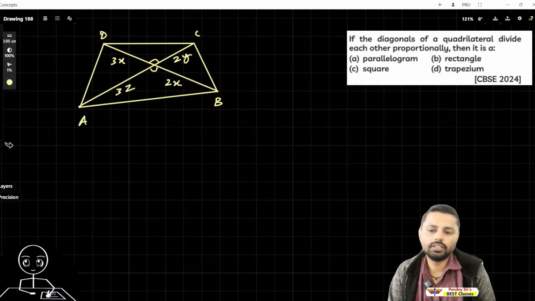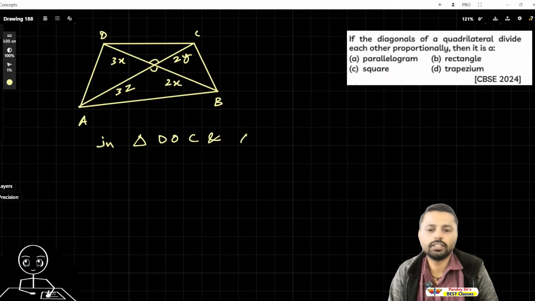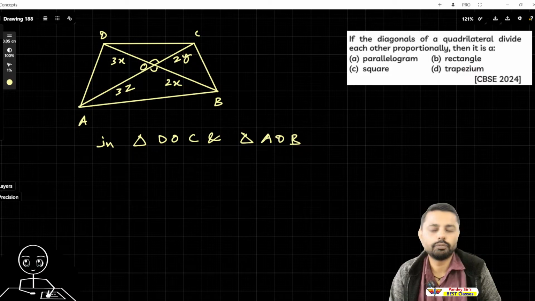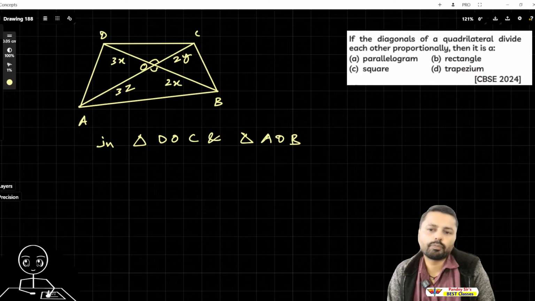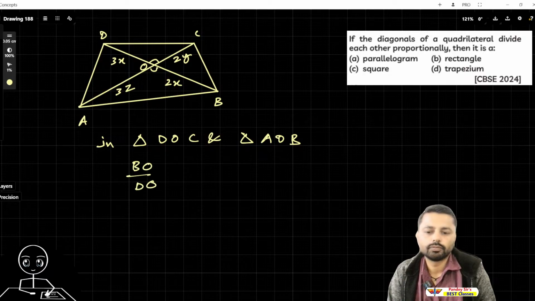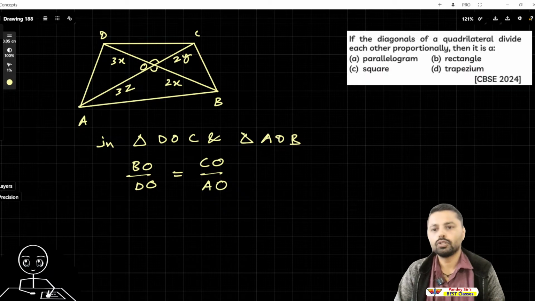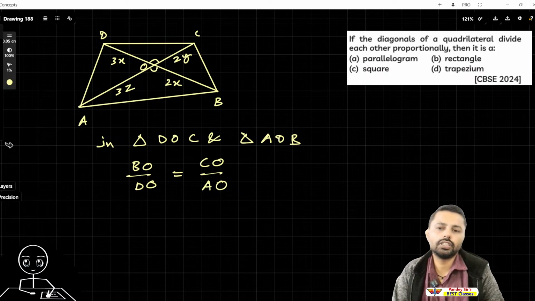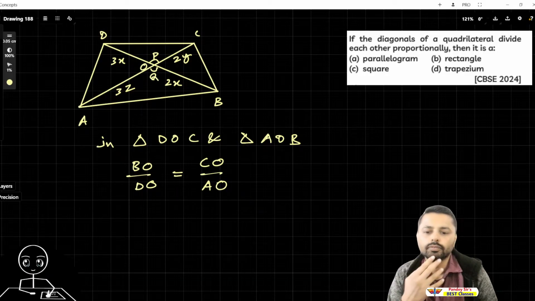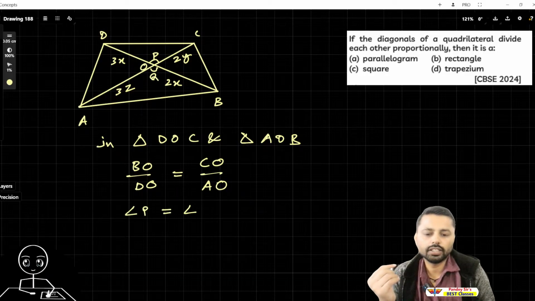So in triangle DOC and triangle AOB, oh, this is A, by the way, I mean AOB: OB by DO, or BO by DO, equals CO by AO. Also, these angles, let's call them P and Q: angle P equals angle Q.